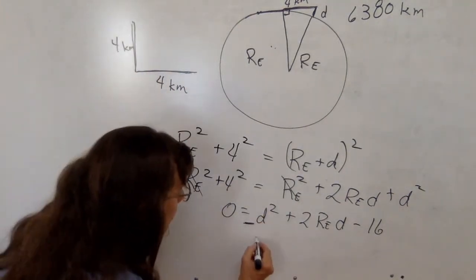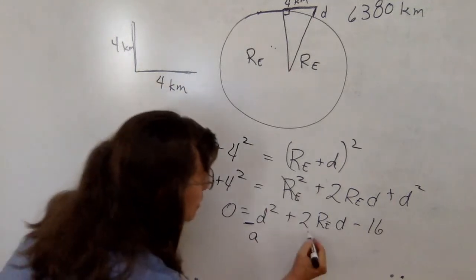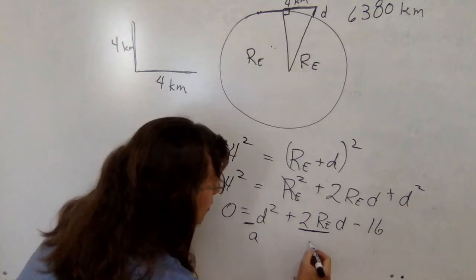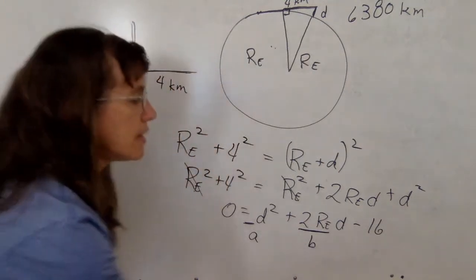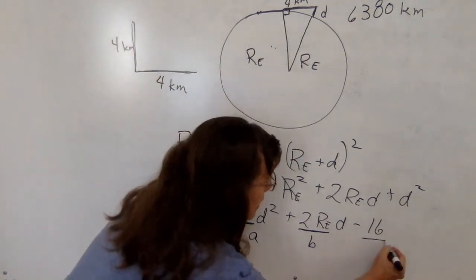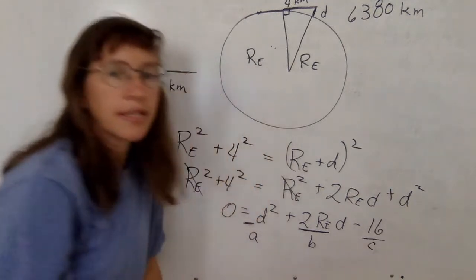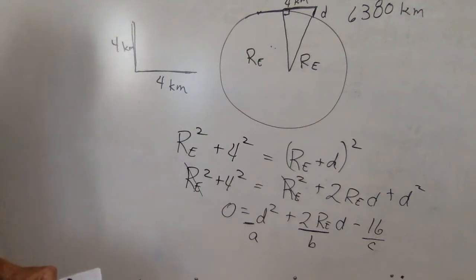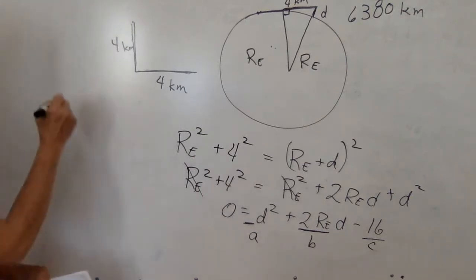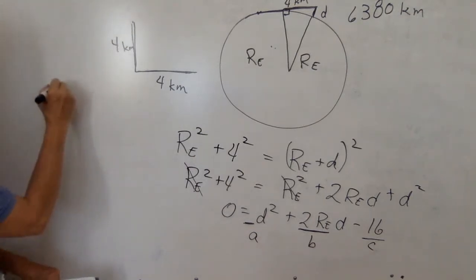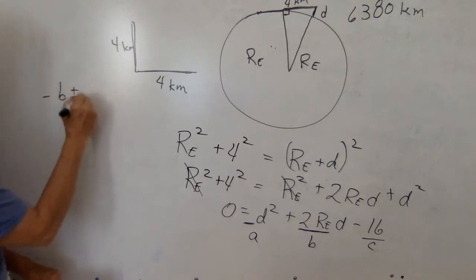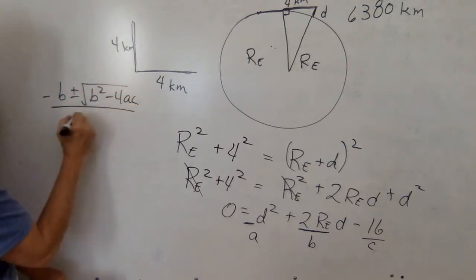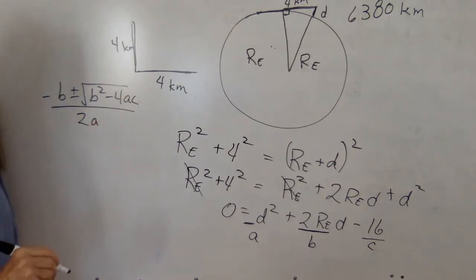The value that comes out in front is our A. The value that goes with that term to the first power is our B. And then the value of the term to the 0th power is the C as it goes through the quadratic equation. So I'm going to go ahead and write that over here. So we have minus B plus or minus the square root of B squared minus 4AC, over 2A, is our quadratic equation, as you may recall.